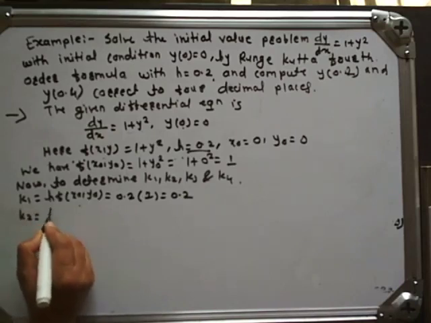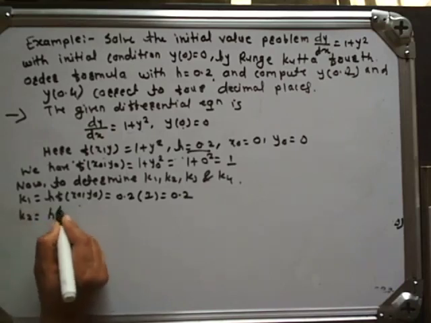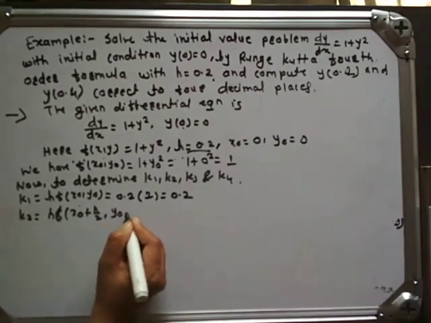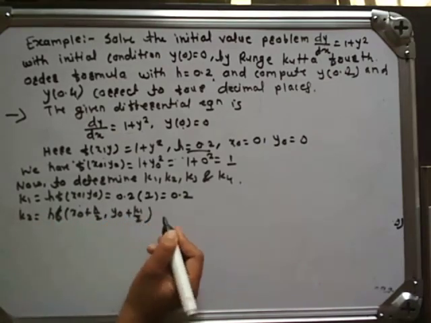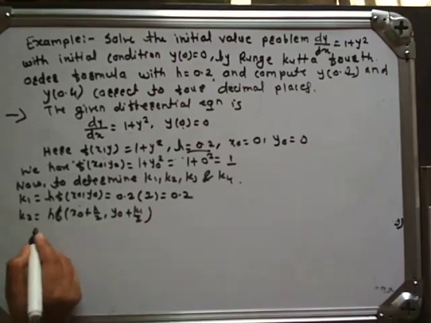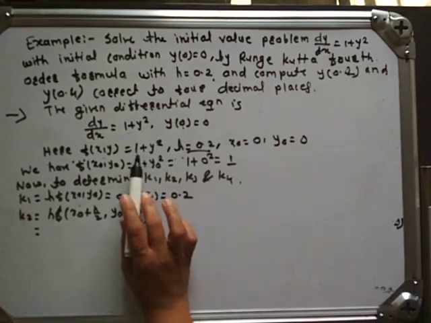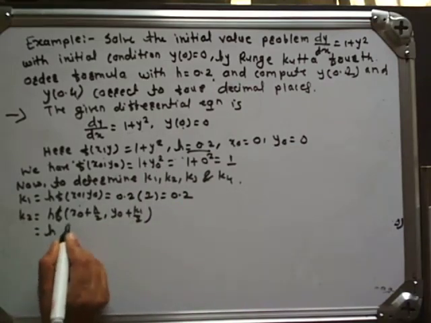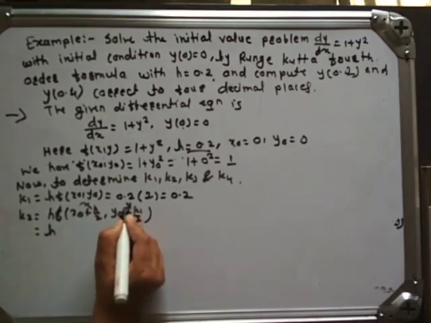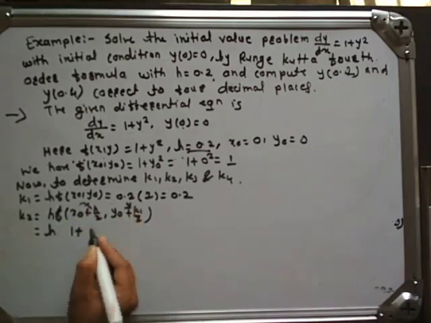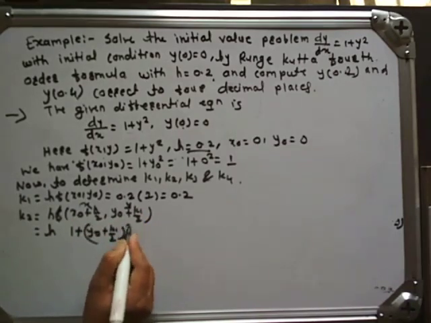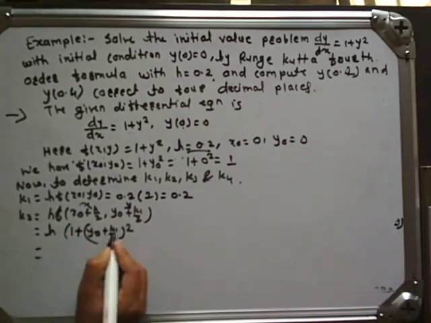What is K2? K2 is h into f of x0 plus h by 2 comma y0 plus k1 upon 2. Okay, this is equal to h into 1 plus y0 plus k1 upon 2 square. Now put values.